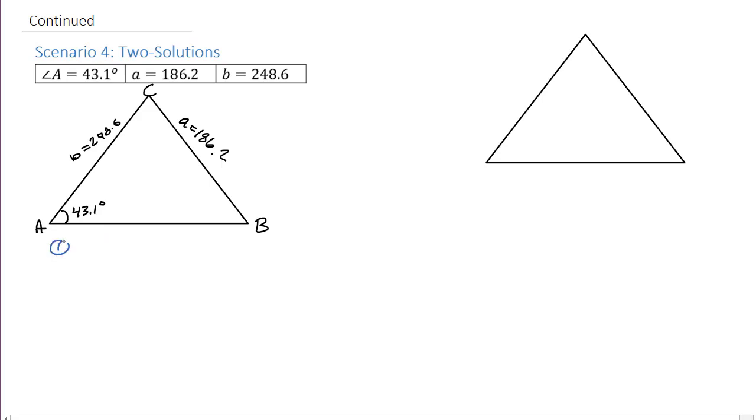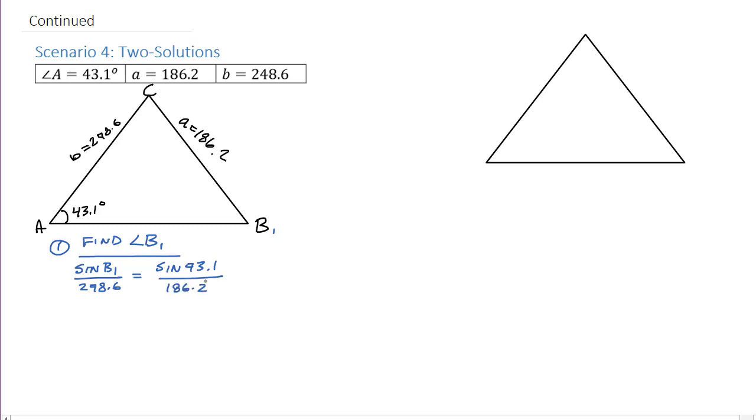So step one, let's find angle B. I'm going to call this B1 again just because I know where this is going to go. So how are we going to do that? We're looking for the angle, so I'm going to start with sine of B divided by the side across from it, 248.6, is equal to sine of A, 43.1, divided by 186.2.